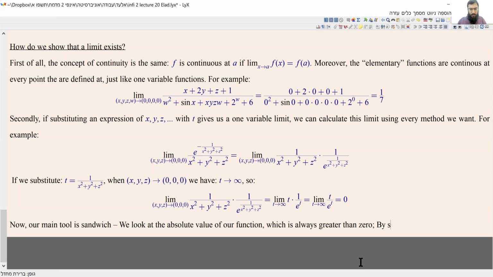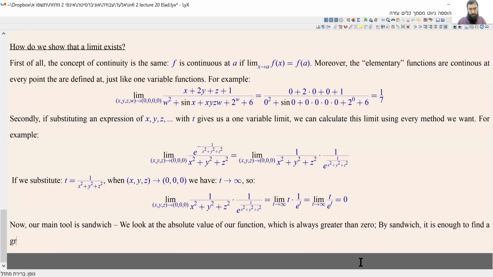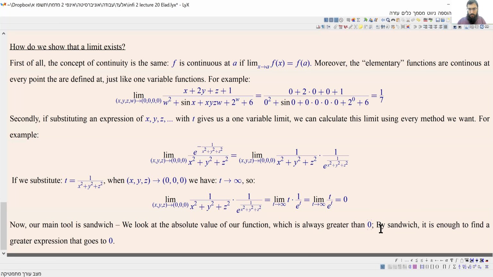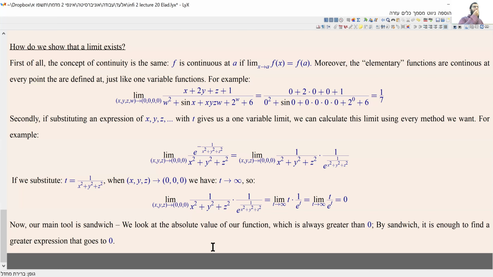By sandwich, it is enough to find a greater expression that goes to 0. How do we do it?